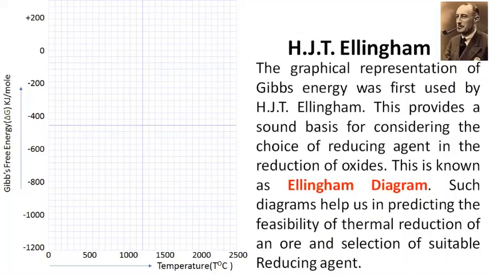Ellingham diagrams are the graphical representation of Gibbs free energy, first used by Ellingham. This provides a sound basis for considering the choice of reducing agent in the reduction of oxides, that is, how we can select a particular reducing agent for a particular metal oxide to produce the metal.